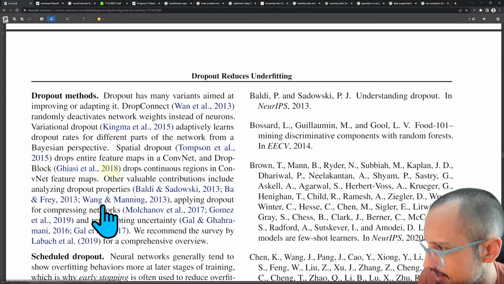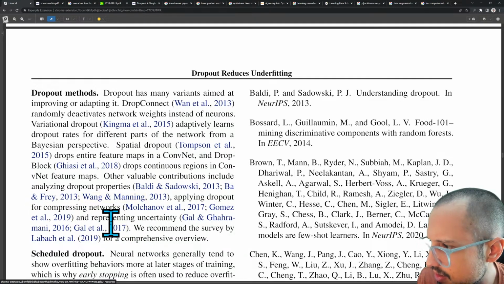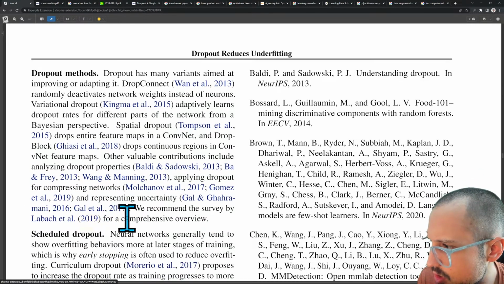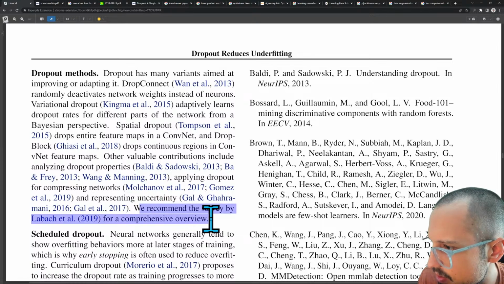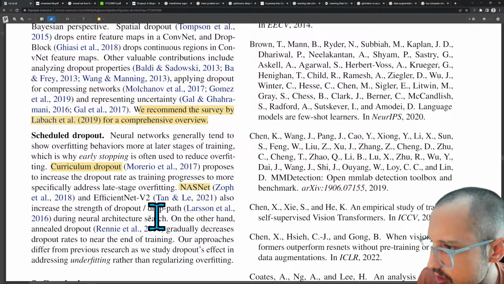Look at that. Applying dropout for compressing, and a survey paper on dropout. Scheduled dropout, so curriculum dropout. NASNet, this is neural architecture search. EfficientNetV2.